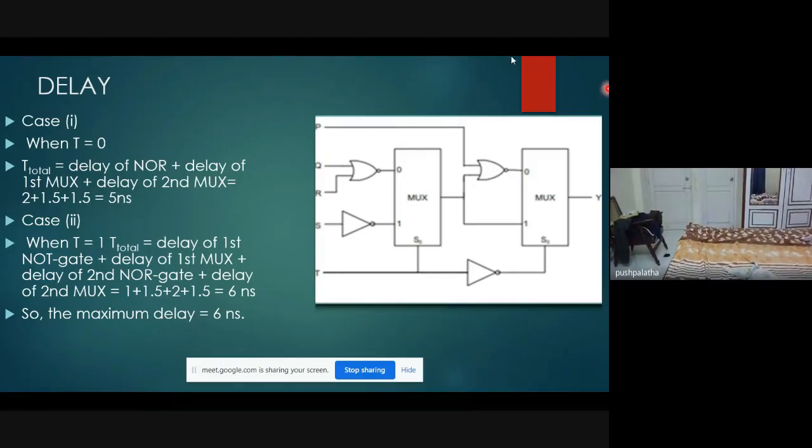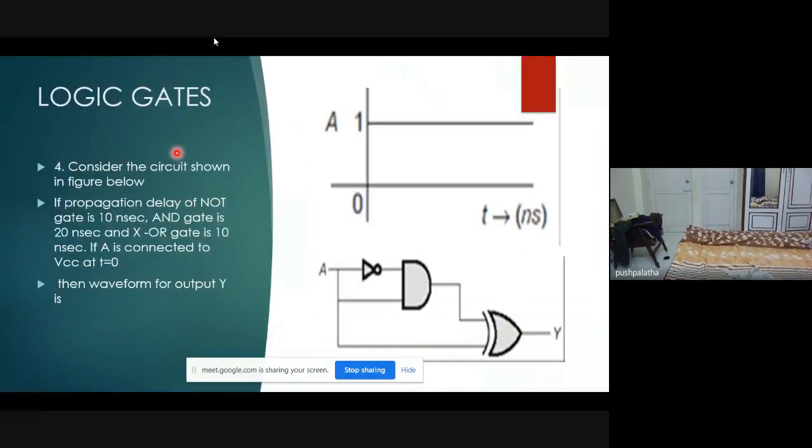Clear? Right. And next, we'll go to the logic gates with the same kind of delay. Consider the circuit shown in the figure. So what is the circuit shown here? The circuit shown here has a NOT gate, AND gate and XOR gate, right?